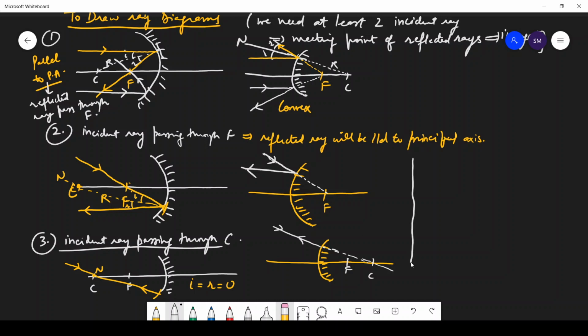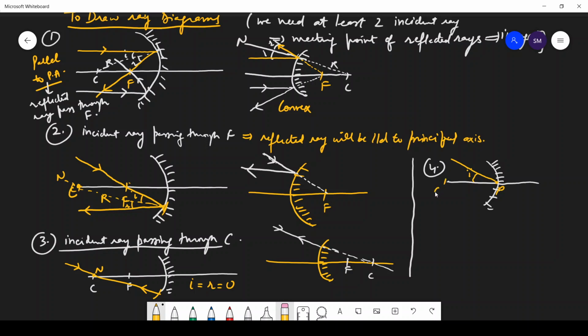So now the fourth ray diagram. What will happen if the incident ray falls obliquely to the principal axis towards the point P? So that's the case. Now the incident ray is passing through the pole, you can say. So this will be your angle of incidence, right?